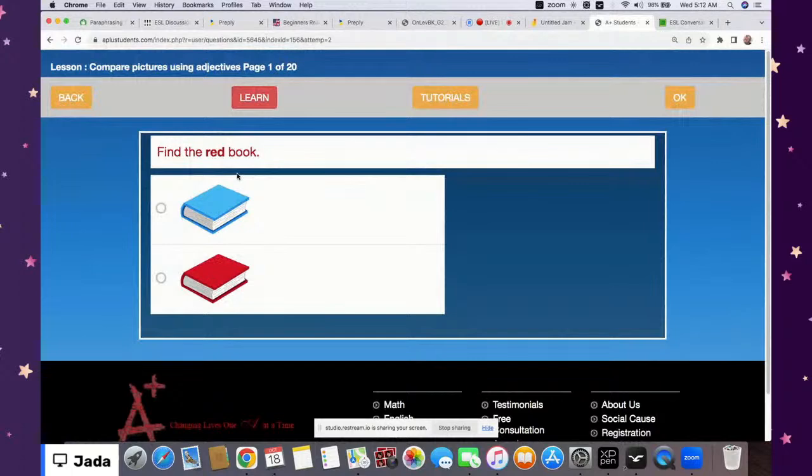So, find the red book. What's your answer? The first one or the second one? It says to find the red book. Okay, great.